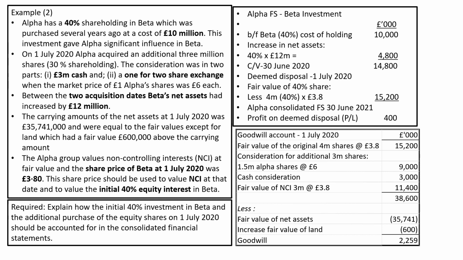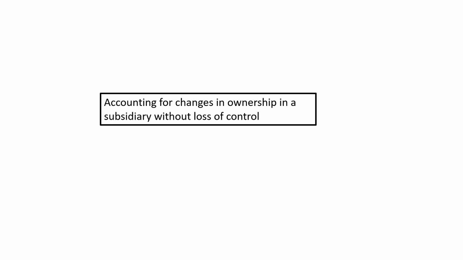So therefore, to answer the question, we have a profit on deemed disposal of £400,000 and a balance on the goodwill on 1st of July 2020 of 2.259 million. Right, next we look at how to account for changes in ownership in a subsidiary without loss of control.